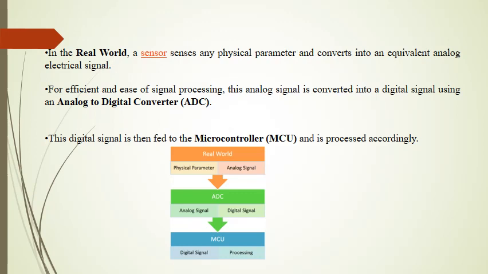This is just an example, but in the real world, all embedded systems have some kind of sensors, and the output of the sensors is an analog electrical signal. So if we need a microcontroller to control an embedded system, then obviously an analog to digital converter is required.